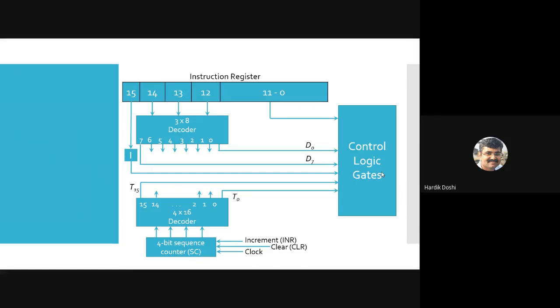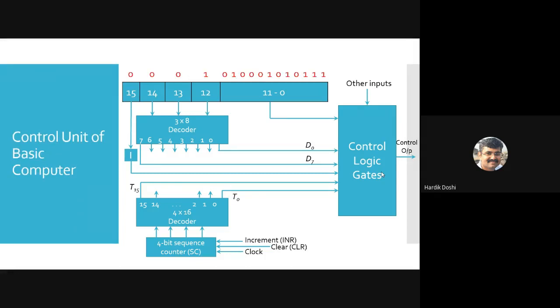Sir, how will we know right now? Now, say for example, in the instruction register, I am having a bit. See this. This is the instruction in my computer register. IR consists of these bits. What is going to happen?